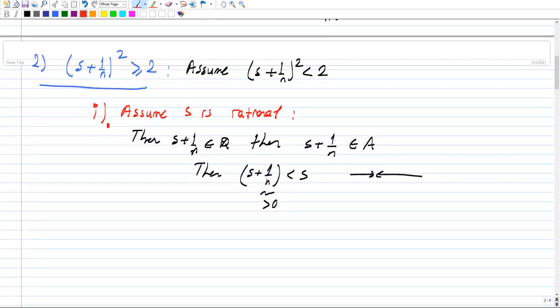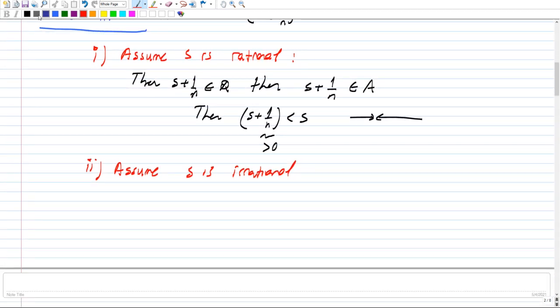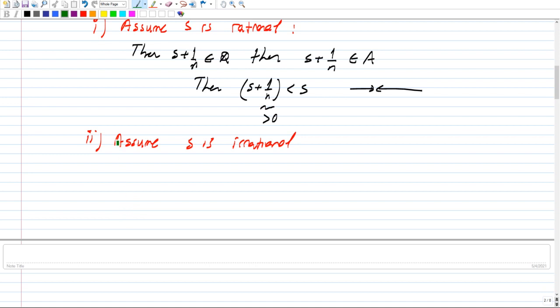Now assume S is irrational. Define w to be the greatest integer function of n plus 1 multiplied by S, over n plus 1, plus 1 over n plus 1.